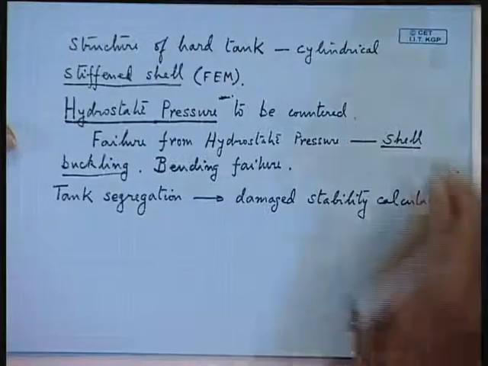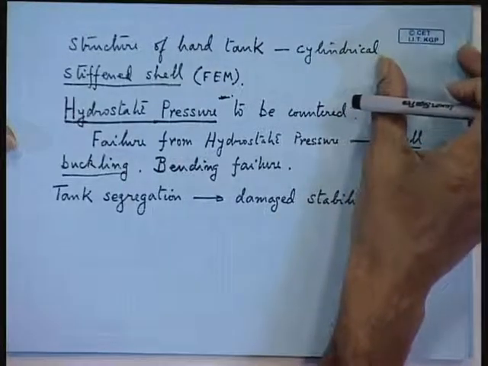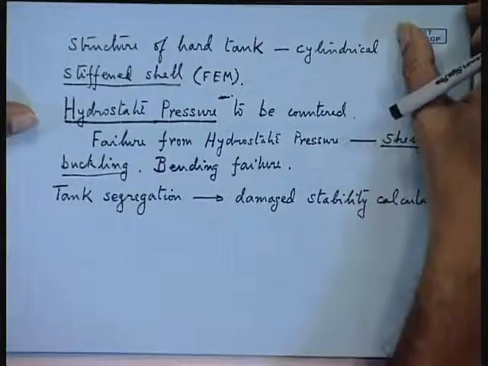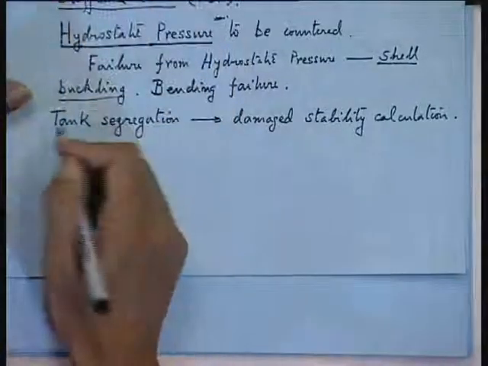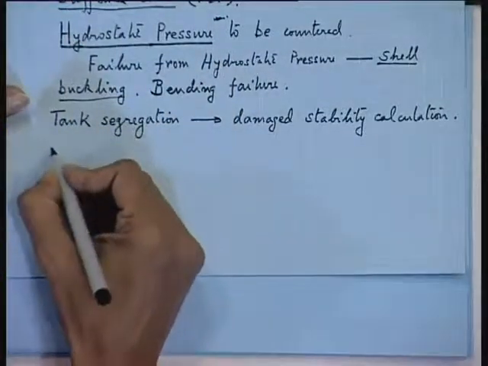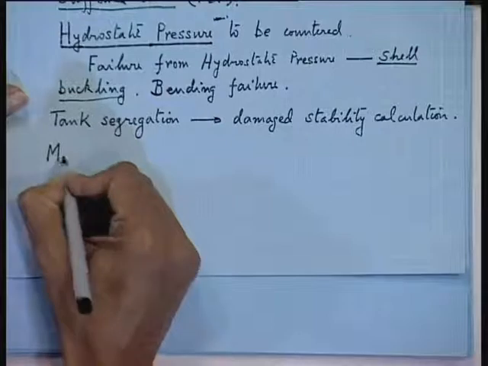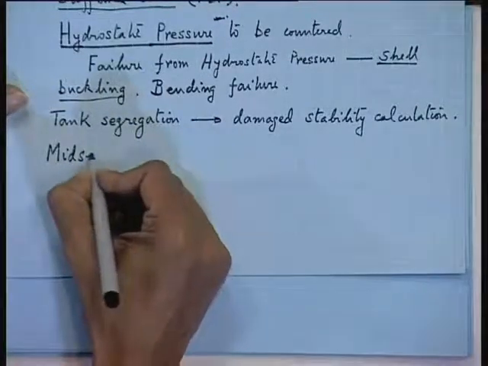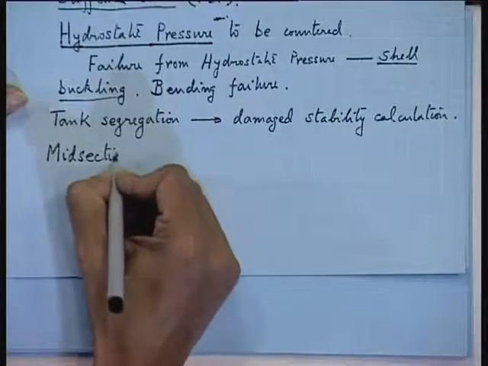Now, the other type is the mid section. This is all the details of your hard tank. Now, I am coming to the mid portion, that is your mid section. What is the function of this mid section?